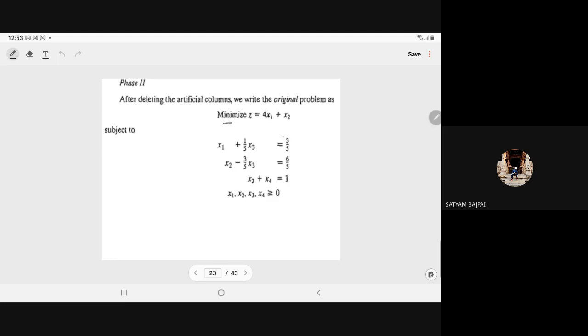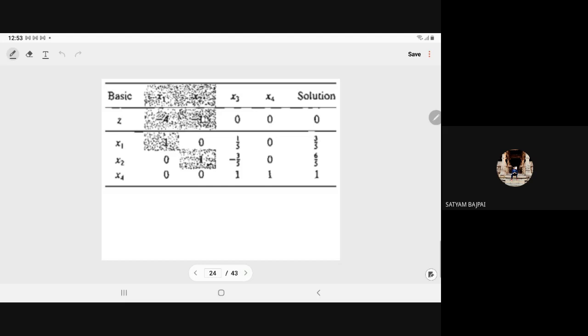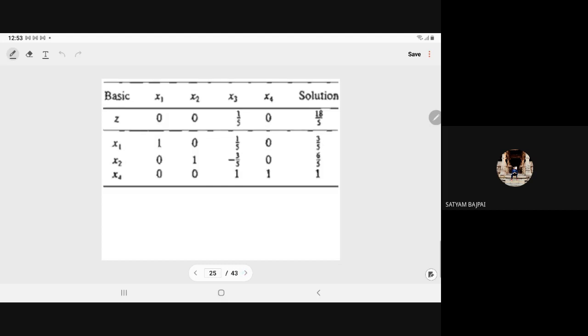So here we have introduced minimize z is equal to this, and then subject to the reduced constraint. Here first we have to make this consistent. As you make this consistent, I think there is some mistake in the calculation.